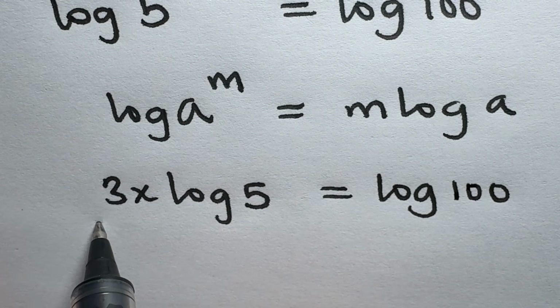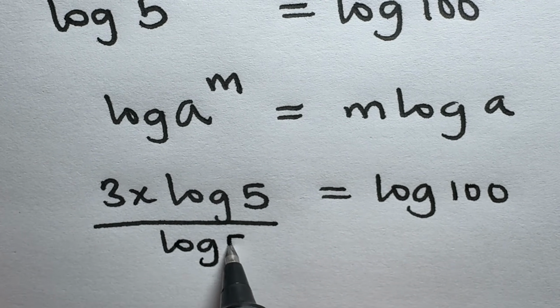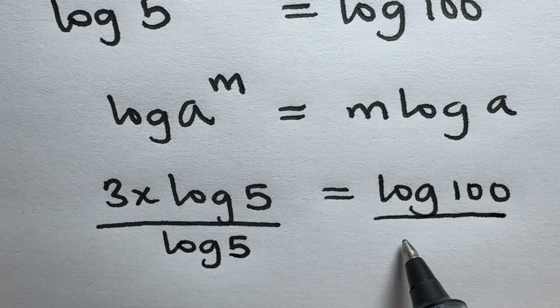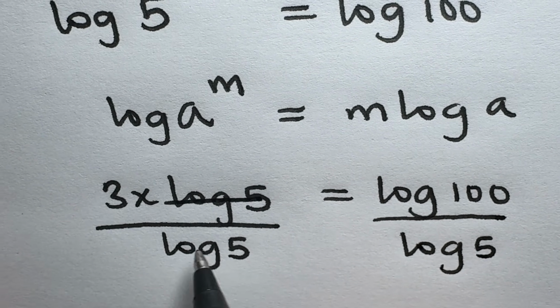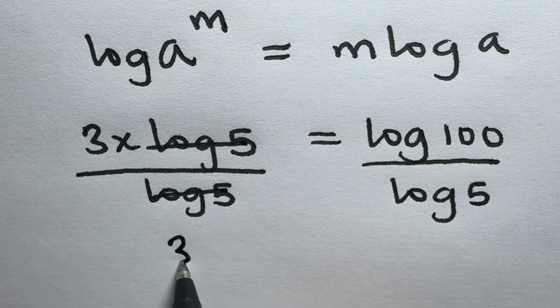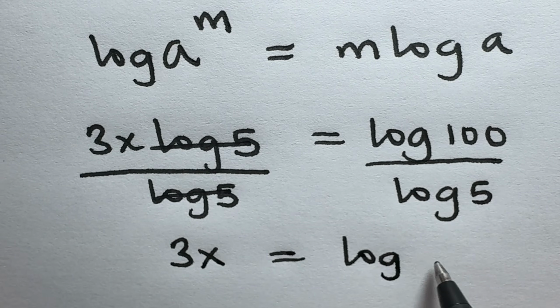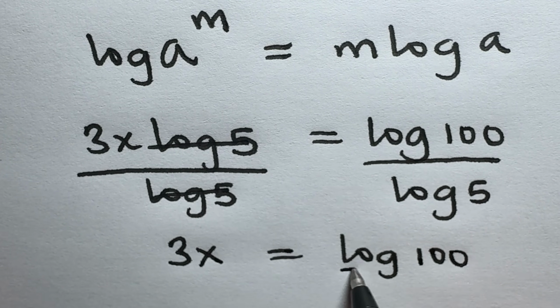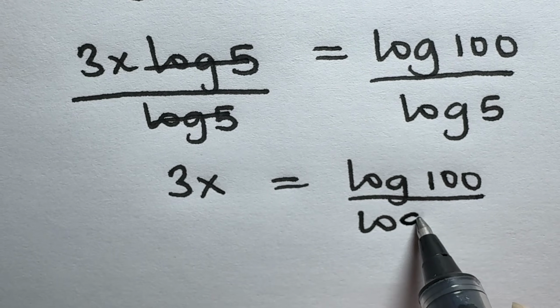We can now divide both sides by log 5. So log 5 cancels log 5 here. Then we have 3x is equal to log 100 divided by log 5.